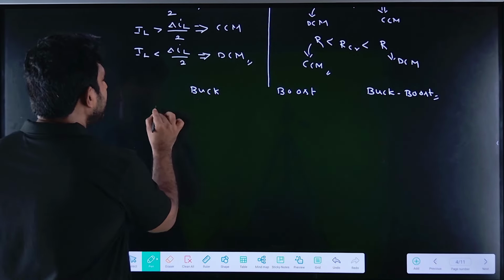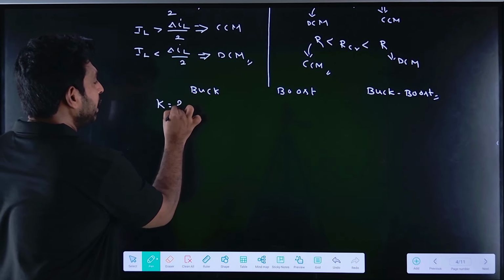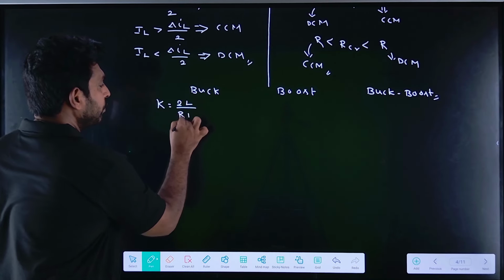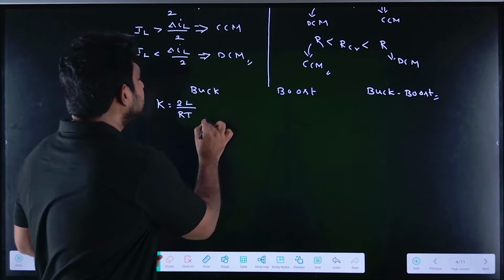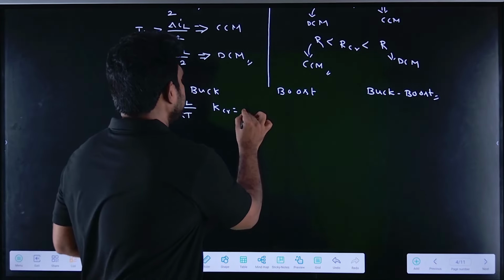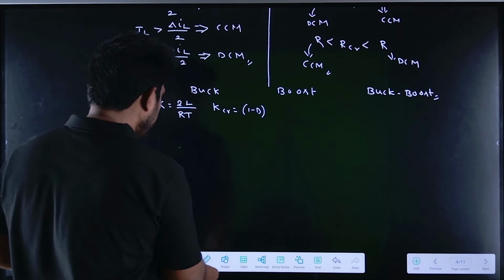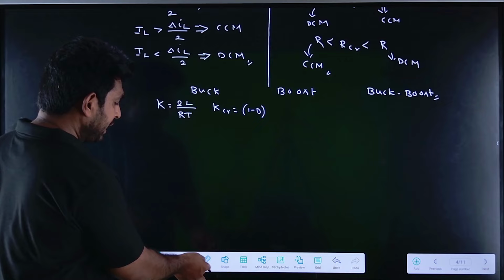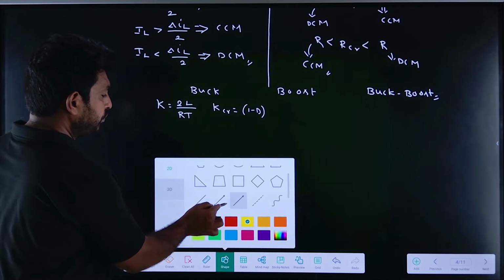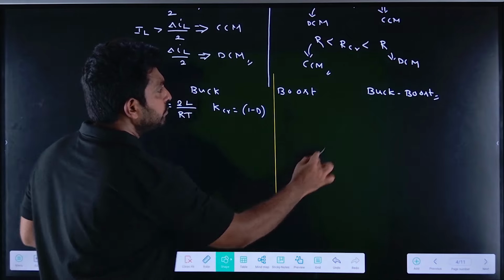For example, in case of the buck converter, the K is a constant equal to L by RT. What is the K critical? K critical in case of the buck converter is 1 minus D. Similarly, if I take the boost converter, let me separate this.